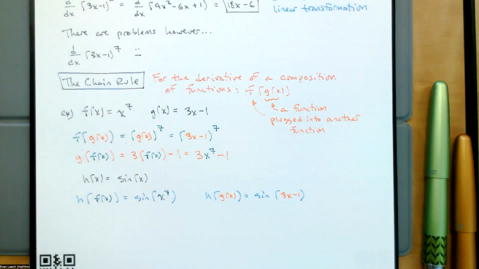H of g of x would be sine of 3x minus 1, because h of x says do sine of the thing.